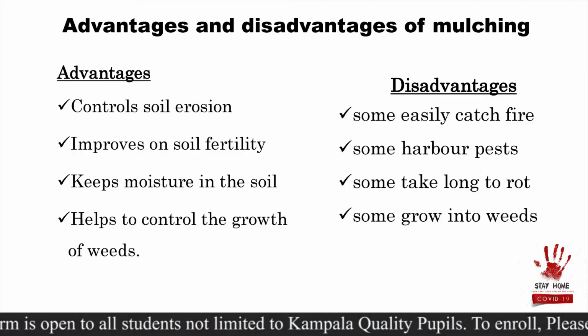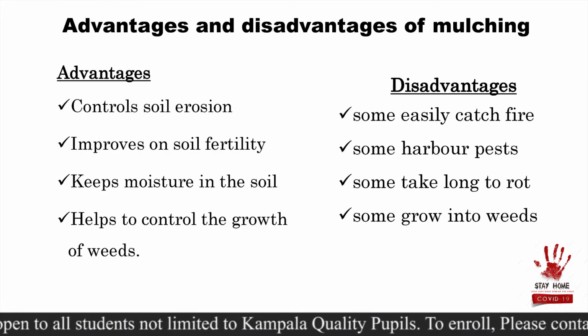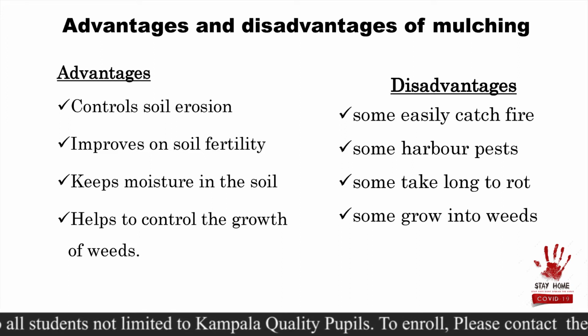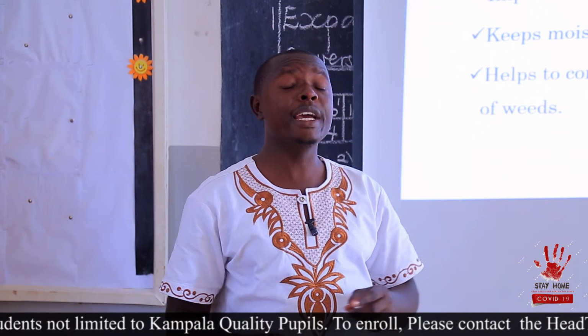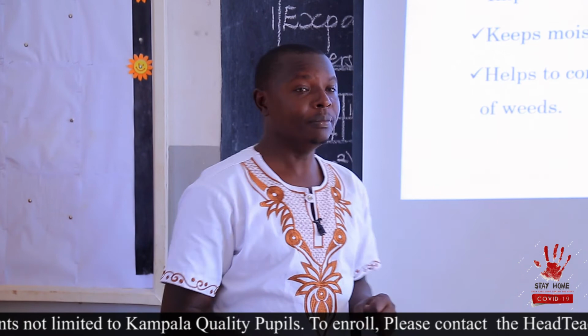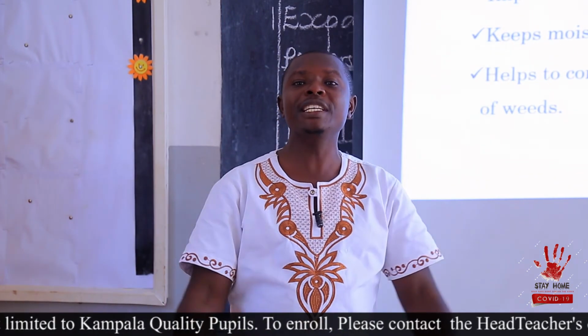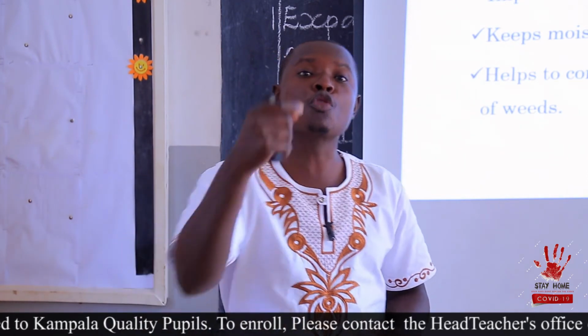And another one, it improves soil fertility. How does mulching improve soil fertility? One, when you put mulches in the garden, the mulches are going to rot.